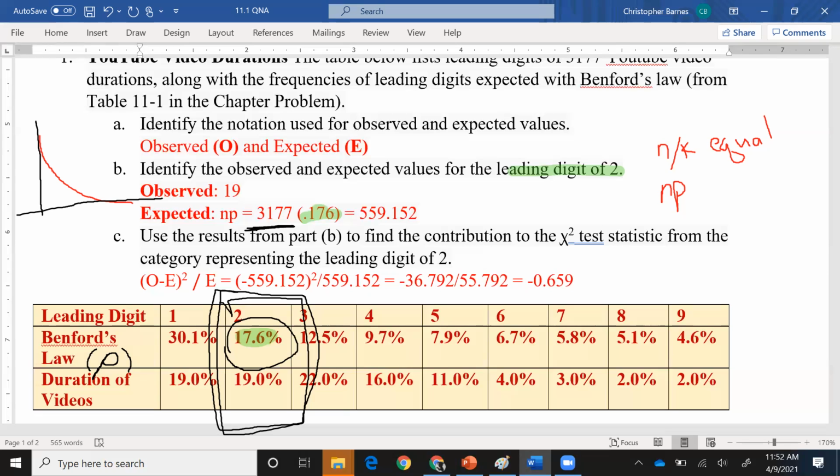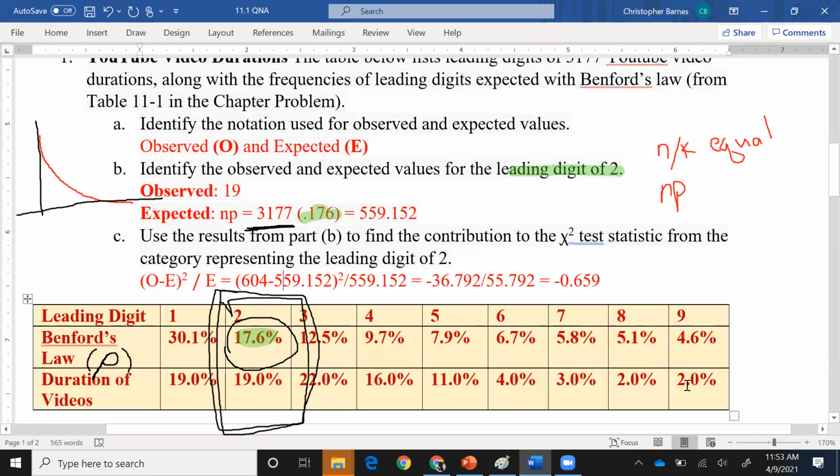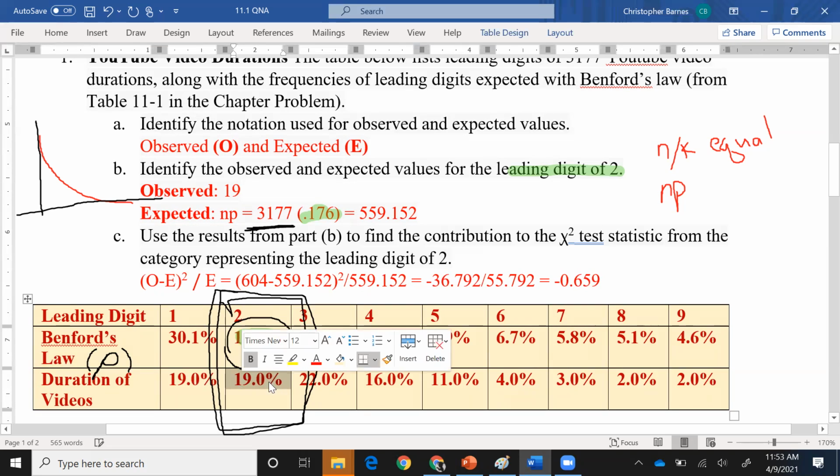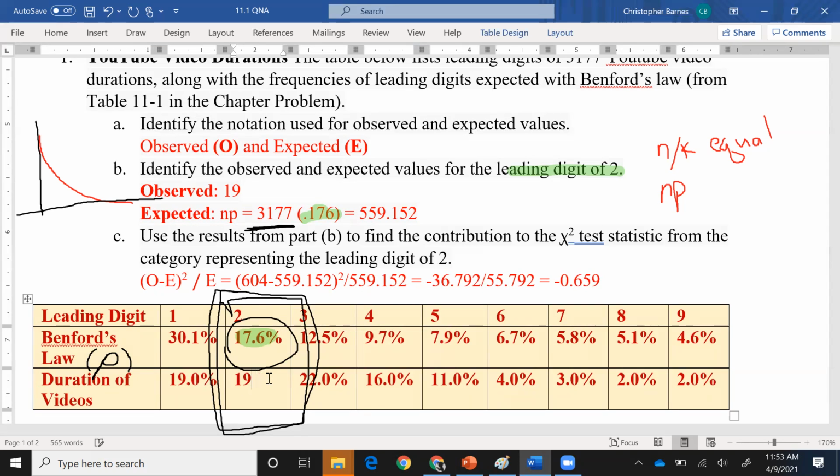All right, the value is 604. Now, you know what? This is not your fault, Essence. I need to tweak this in order for it to be user friendly. These should not be percentages right here. These should actually be values. So that's not your fault. But Deja, we will have this set up for you the appropriate way.